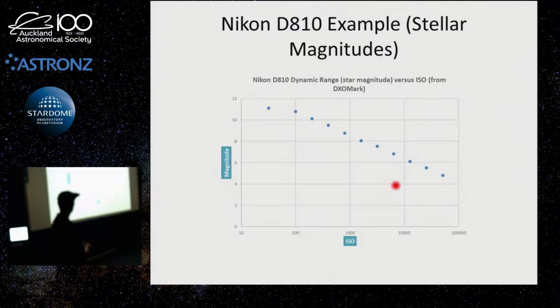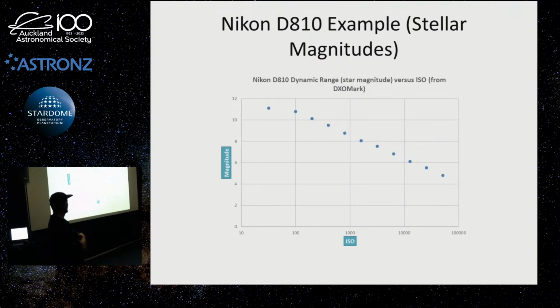But by the time you got to ISO, I forget what this N value is, you can only measure stars that differ from each other by 4 magnitudes. So that's the effect on measuring stars of reducing your dynamic range by increasing your ISO.